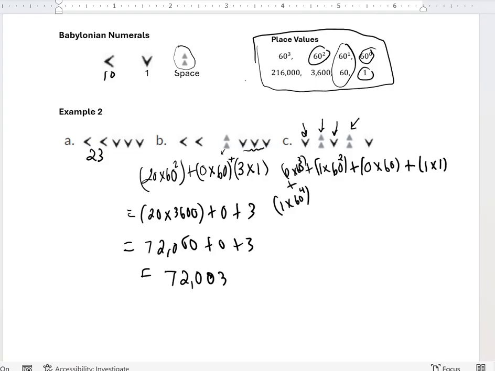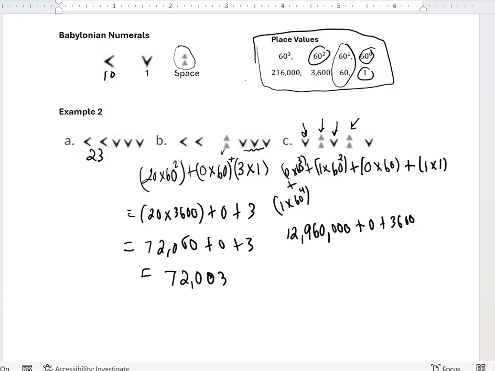So we calculate 60 to the 4th power. And so let's see what that gives us. So 60 to the 4th power is 12,960,000. And then we go to the next one. 60 cubed times 0 is 0. And then 60 squared is 3,600.